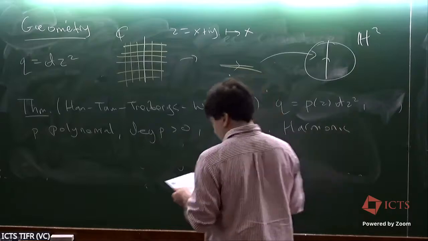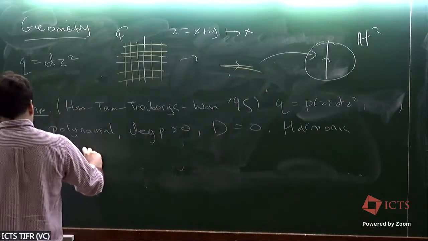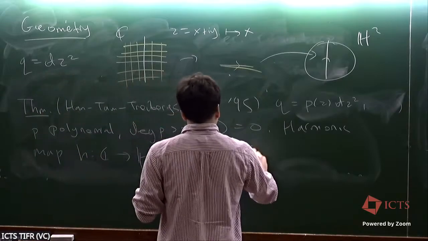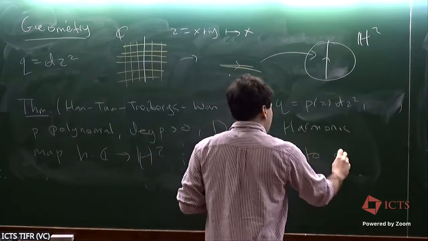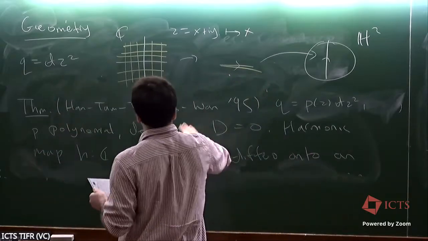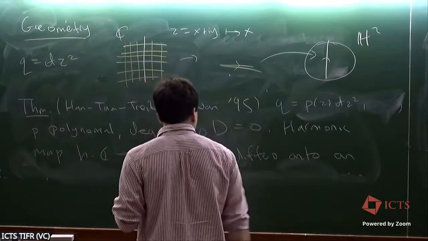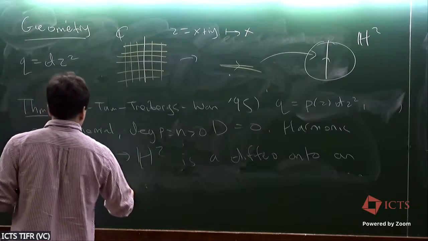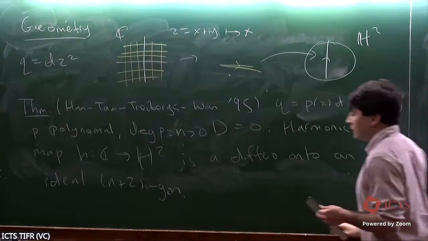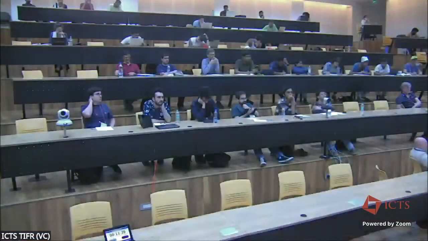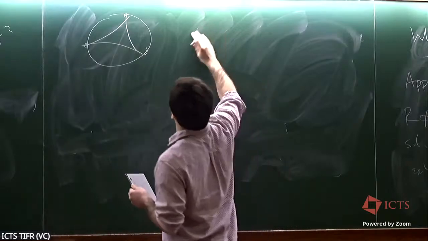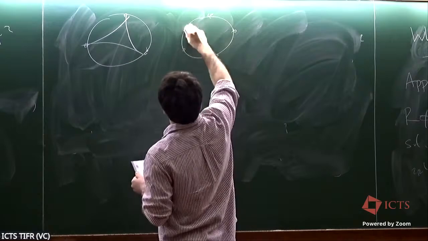Then the unique harmonic map is a diffeomorphism onto an ideal n plus 2 gon. I'm going to make n bigger than 0. An ideal n plus 2 gon is where you just pick n plus 2 points on the boundary of hyperbolic space, cyclically ordered, and you just connect them by geodesics. So that's an ideal triangle. And here's an ideal pentagon.